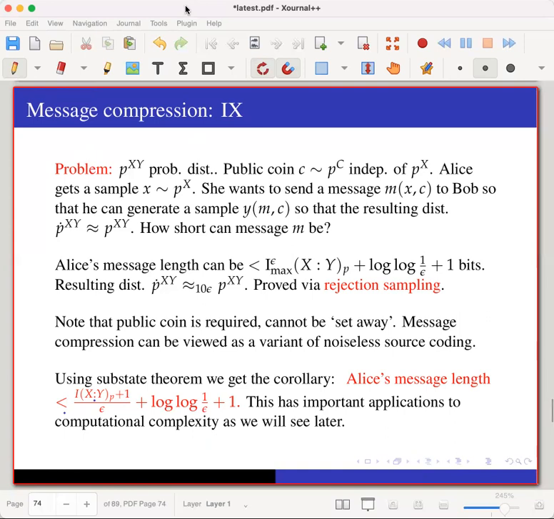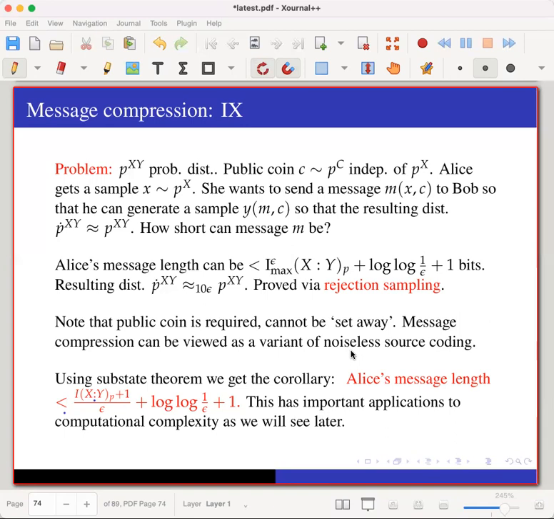So the difference between them, I think, is clear now. In one case, I want to send all the messages with low probability of error. There is no underlying probability distribution on messages. In source coding, that's where the word source is there, there's an underlying probability distribution, which is a property of the source. And the noiseless is saying that the channel is noiseless, but you can talk of noisy source coding.